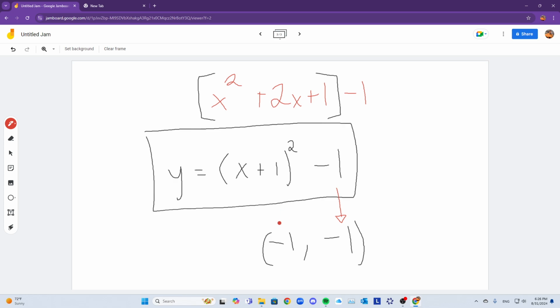But this one, the first term, the way it's going to match is if you plug in that x value that will make this equal to 0. Which in this case is negative 1. So negative 1 plus 1 is 0. Okay, so negative 1, and then you get your x value, you get your y value. This is your vertex. That is the lowest point.